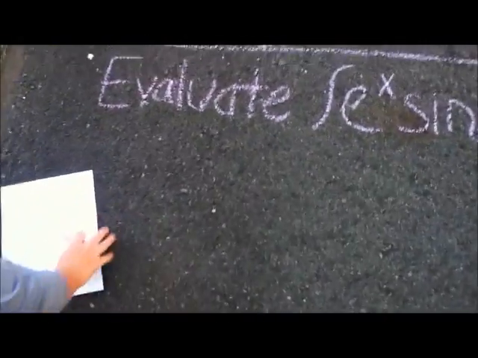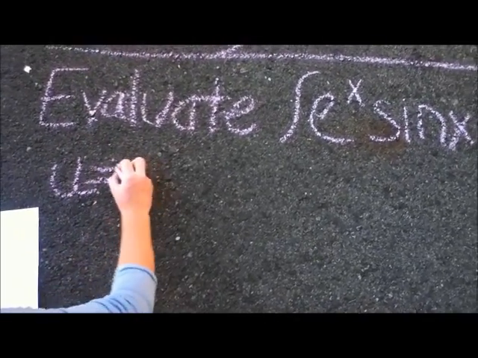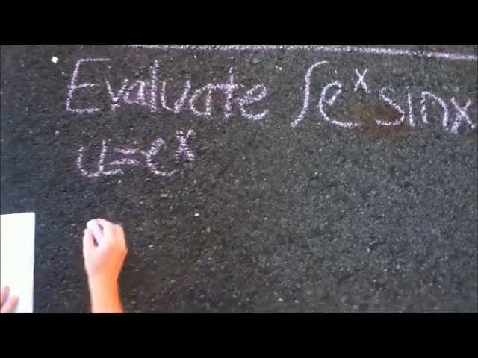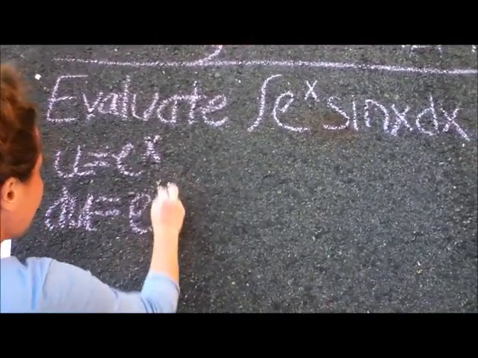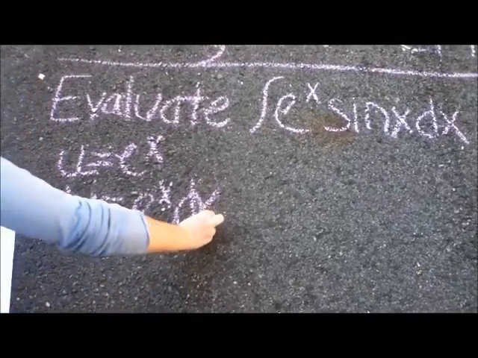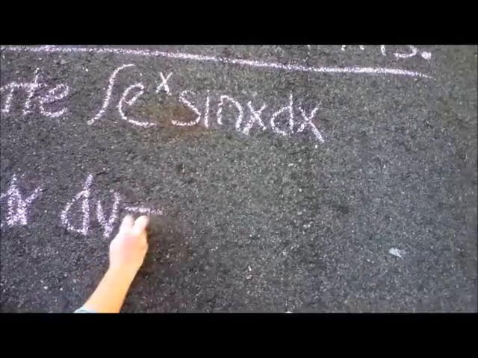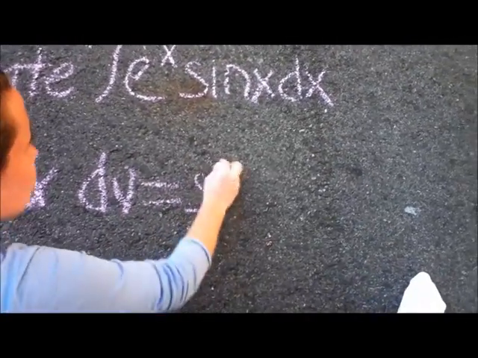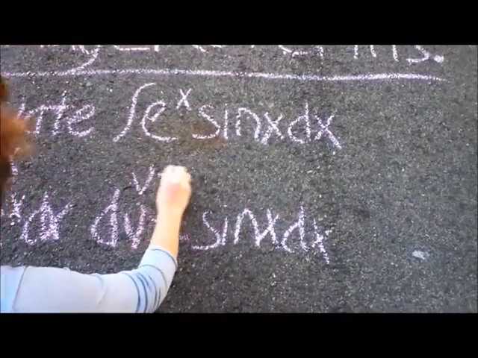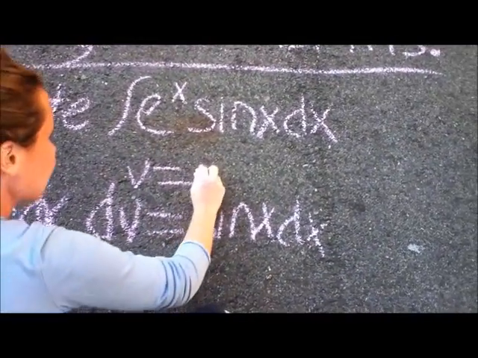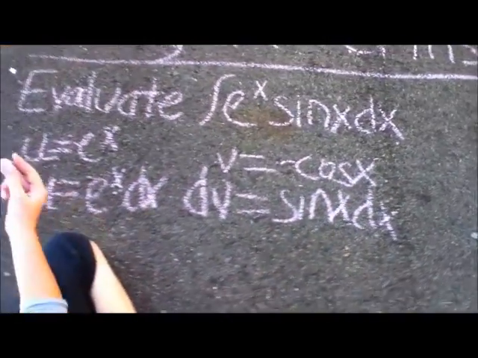Now, we're going to start off with u equaling e to the x, so du equals e to the x dx, and dv equals sine of x dx. So v will equal negative cosine of x.